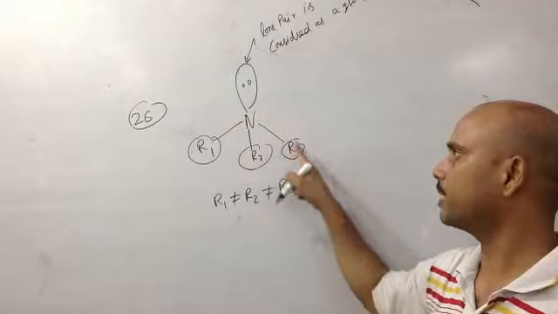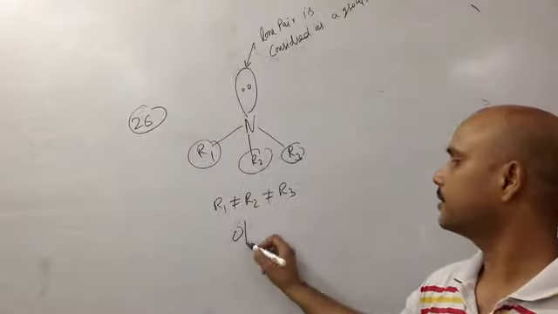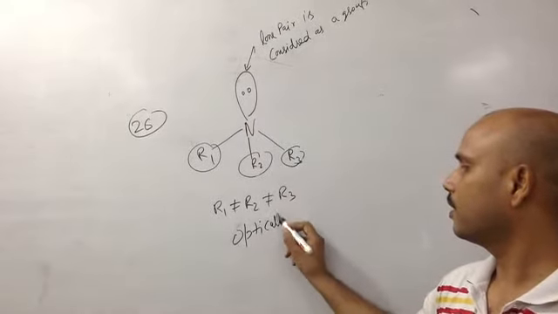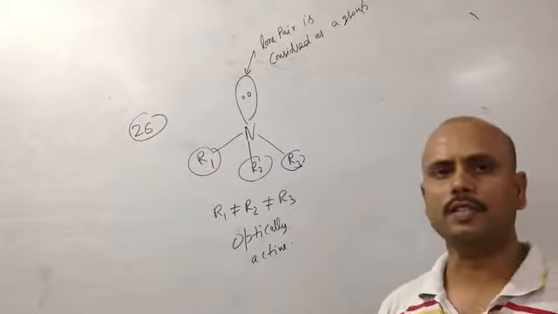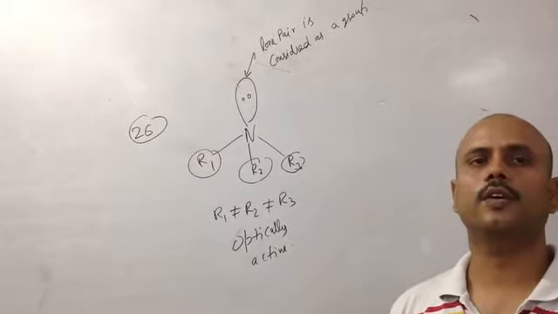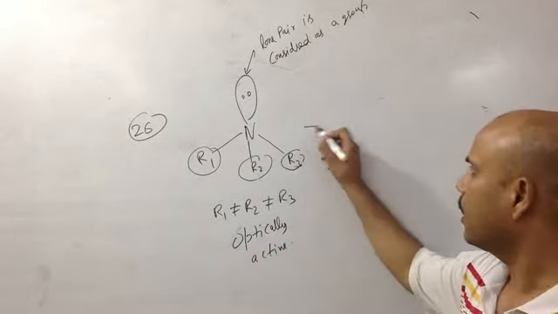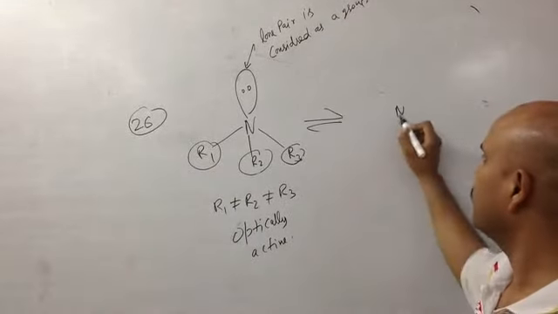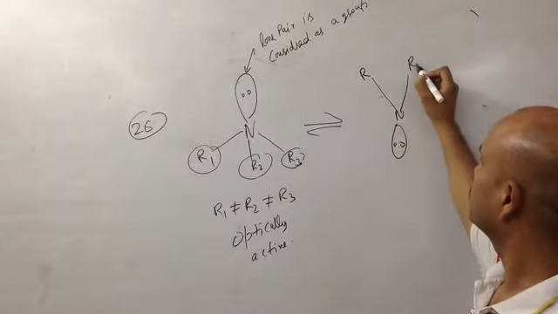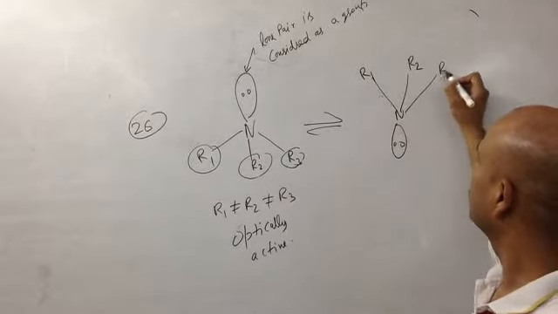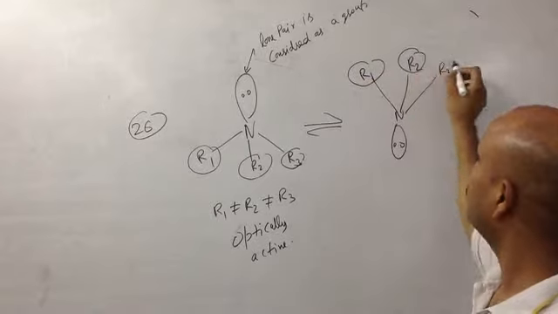There are four groups attached to the nitrogen. It is optically active. But the problem with this compound is it cannot be resolved. What happens? It keeps on flipping between this structure and this structure, R1, R2, R3.